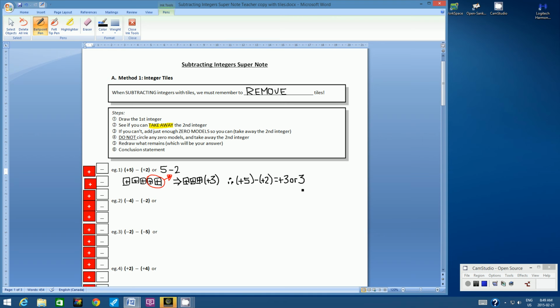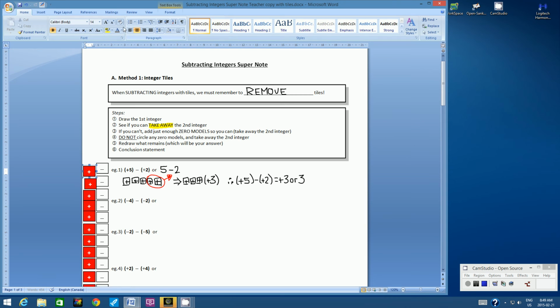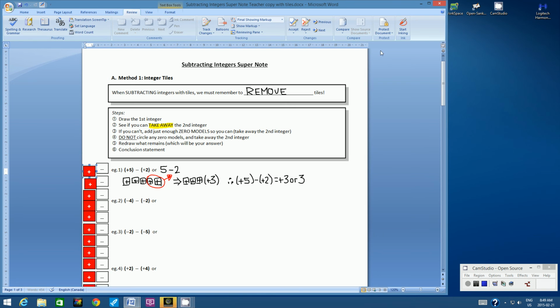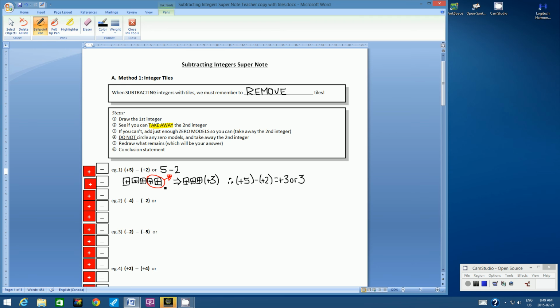We've got another one similar in example 2, slightly different but very similar in principle. Let's put your pencils down and start on number 2, example 2. The question is -4 subtract -2. I forgot that we're going to rewrite the question in standard form.